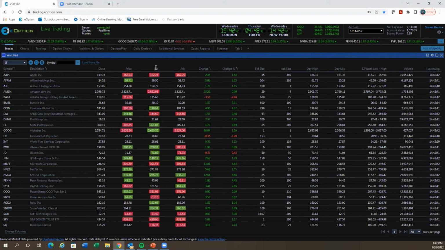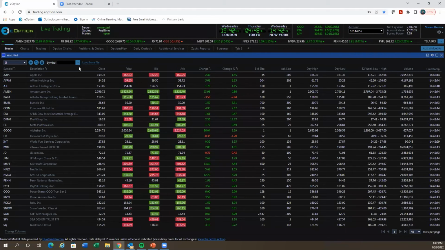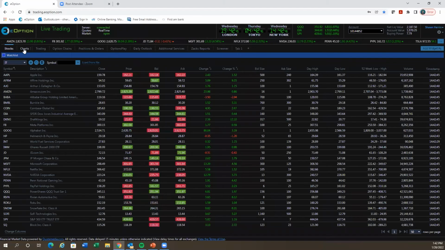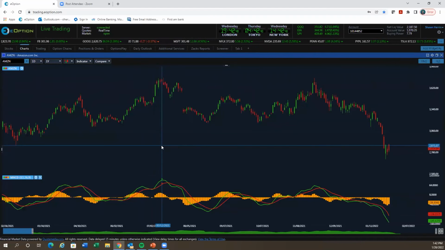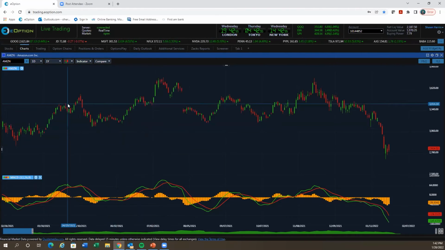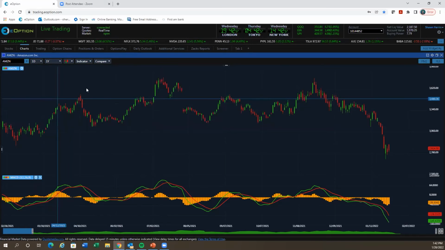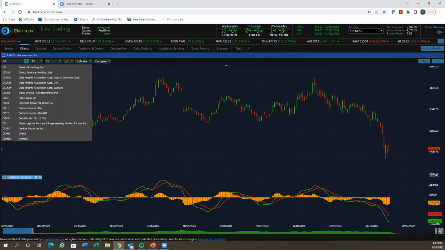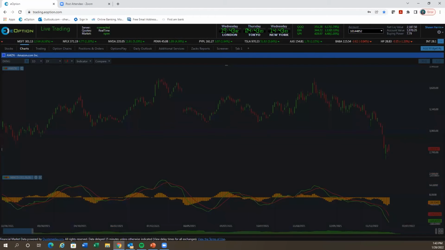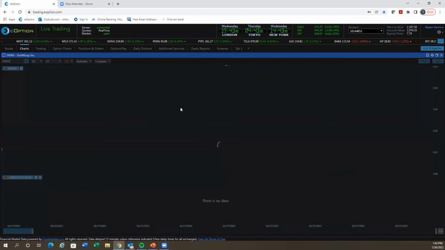So just going to what Teddy was talking about, the charts. To get that information that he was looking at and analyzing to make decisions, you can come in here. This particular screen is an Amazon chart. I can change that to DraftKings, which Teddy was just talking about.